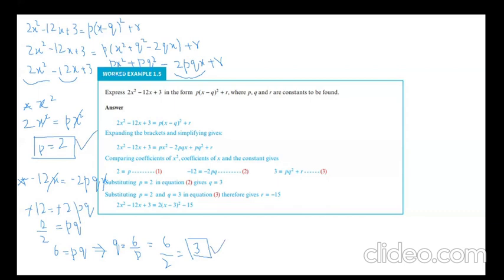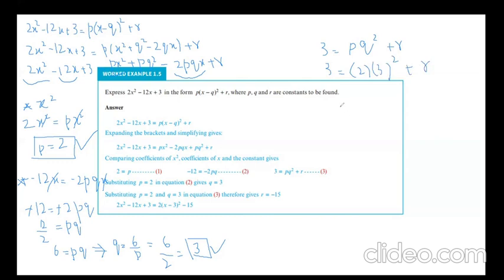Now the last term, 3, equals this square one plus this one. So the constant term must be equal to the p q square term plus r. What is the value of p? The p value is 2 and q is 3.